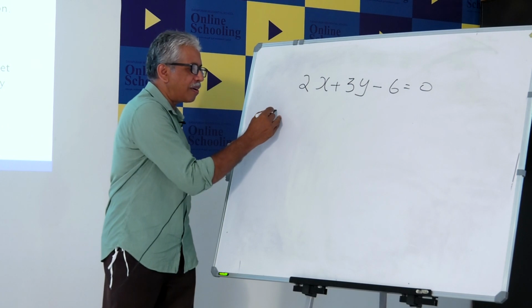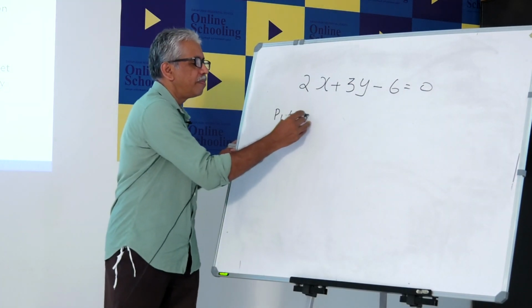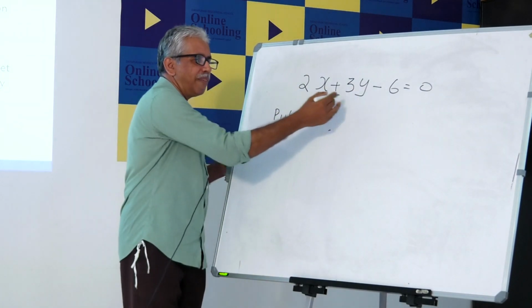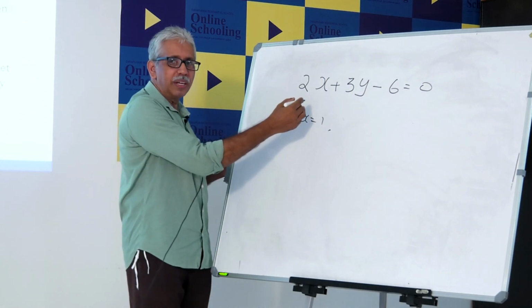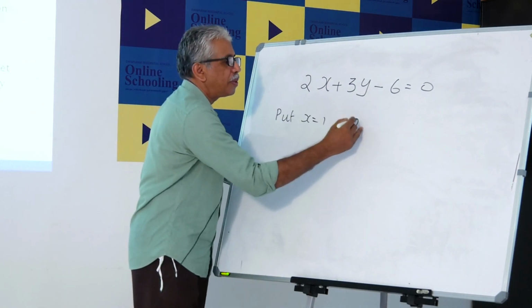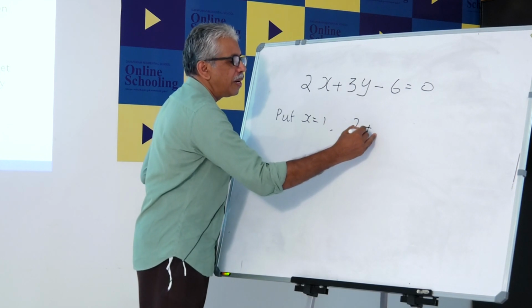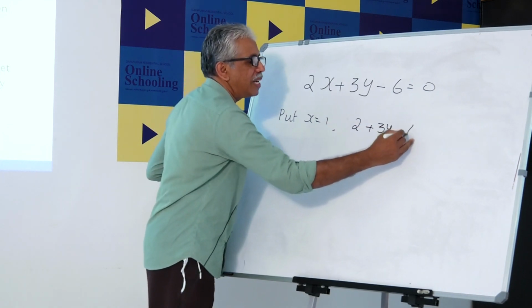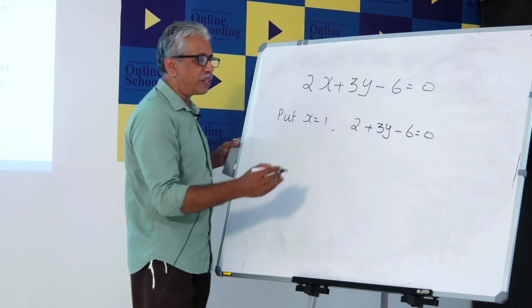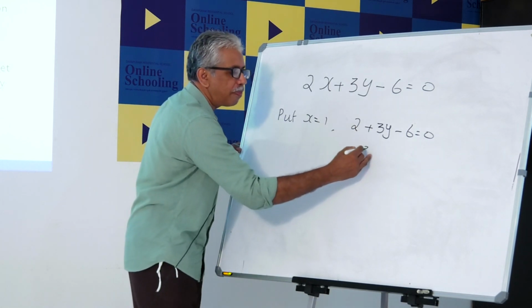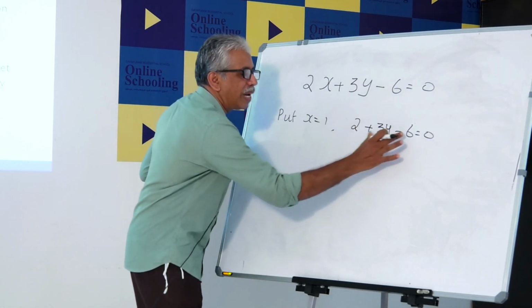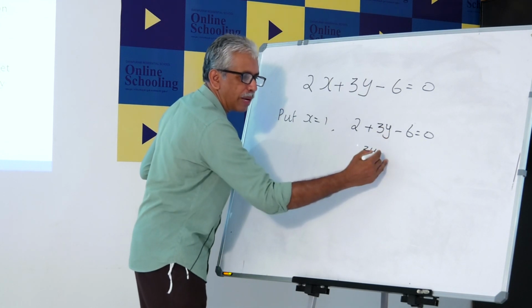Suppose you put x equal to 1, then what change will happen to this equation? It will become 2 into 1, that is 2, plus 3y minus 6 equal to 0, is it not? So that will reduce to 3y, and 2 and minus 6 together will become minus 4.